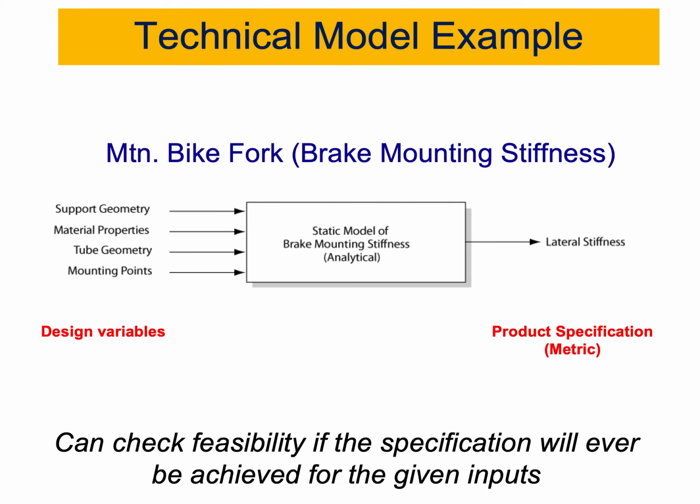So I would hope that you will try this exercise and select a couple of metrics and do this for your project. So keep in mind, design variables have to be independent, and you have the product specification metrics. Now, if you build this and you build the formula, you will start changing, let's say, the material properties.